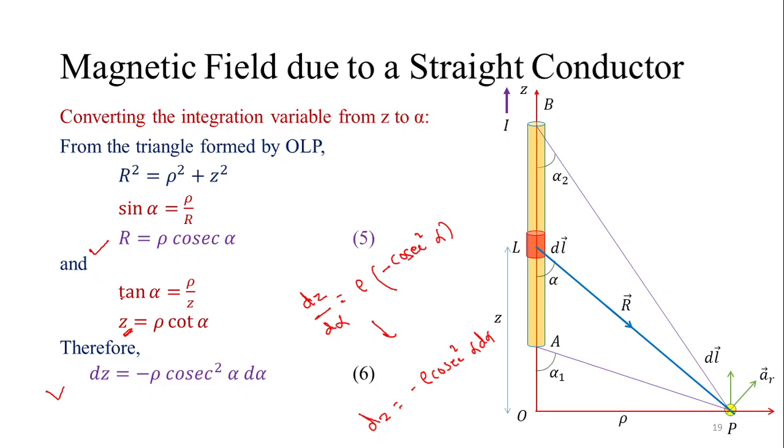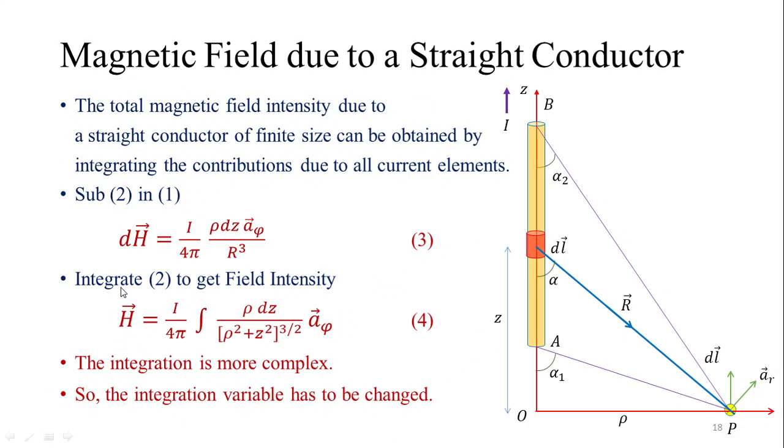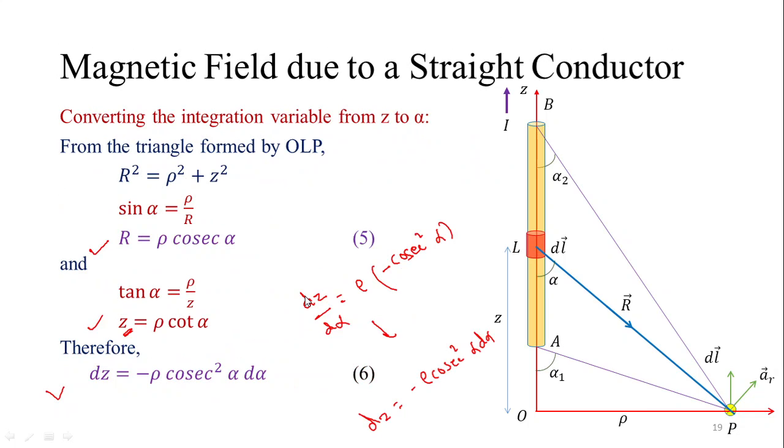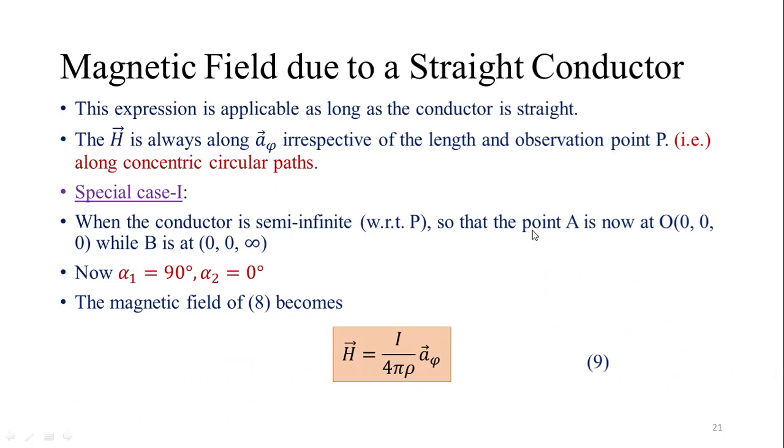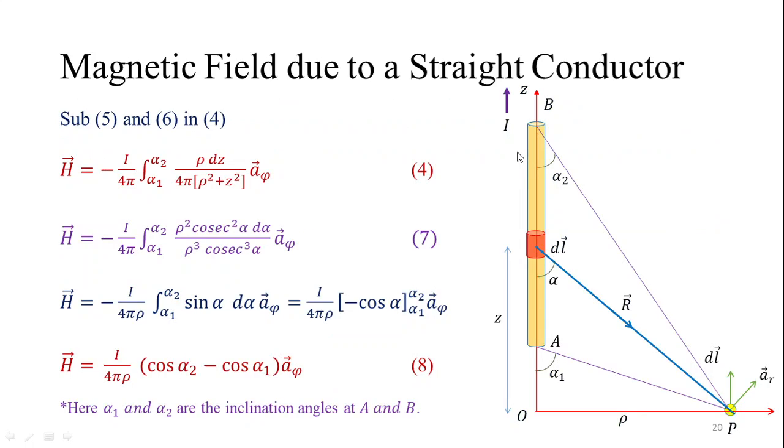Now using dz, r, and z, in equation 4 just substitute dz, and this one is r. Just substitute those values, you will get minus I by 4 pi integral with limits alpha 1 to alpha 2 instead of 0 to z.